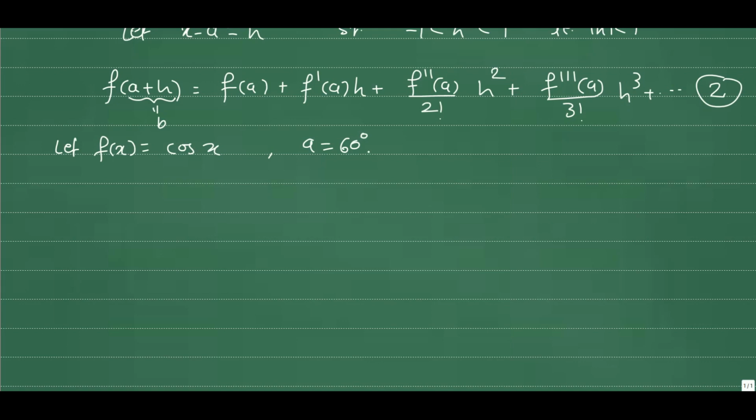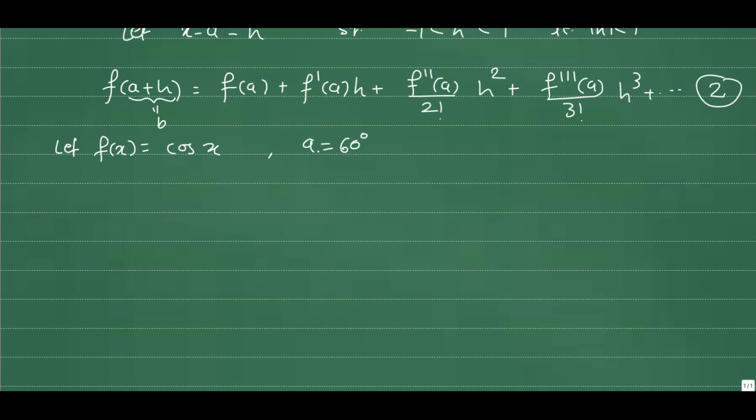For example, you can take a as 45 also. But in that case, what will happen? If you take a as 45, you need to take h as 19 so that you will reach 64, since 45 plus 19 is 64. But h is increasing unnecessarily. So you choose a so that h will be the smallest possible, and therefore here we are choosing a as 60.